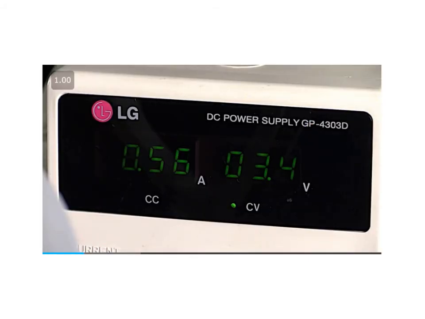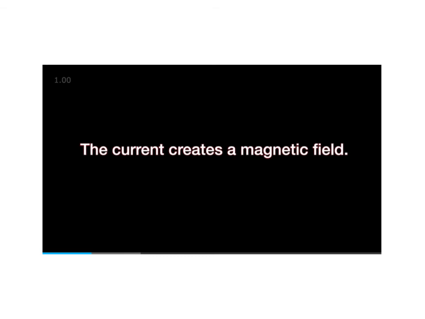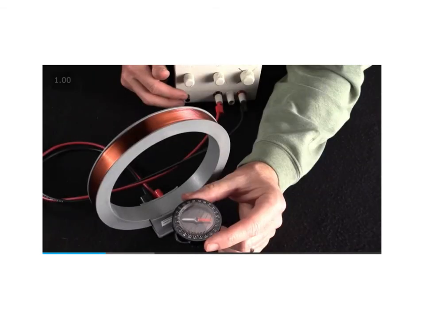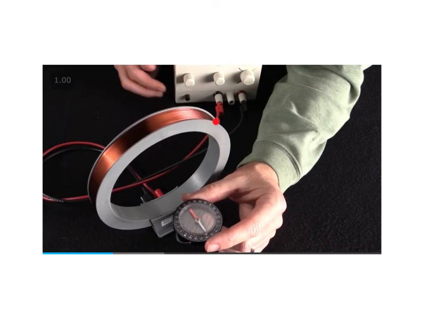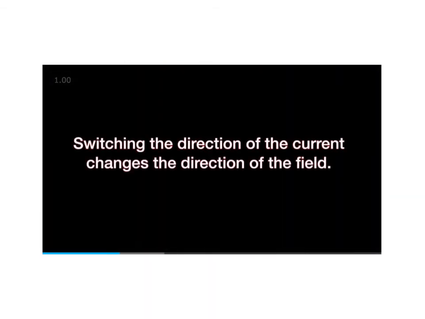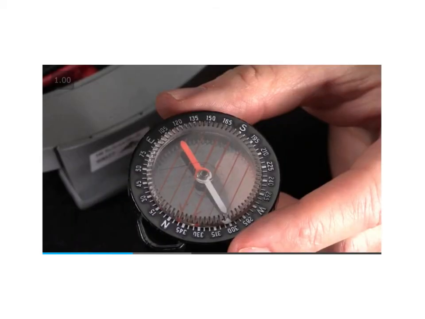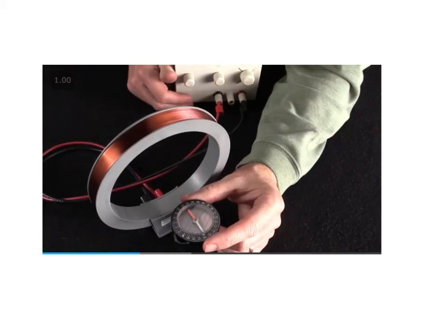Here we have a power supply. It's going to run current through this loop, which will generate the magnetic field. And then they demonstrate that the direction of the current controls the direction of the magnetic field. You'd pretty much expect that, of course.